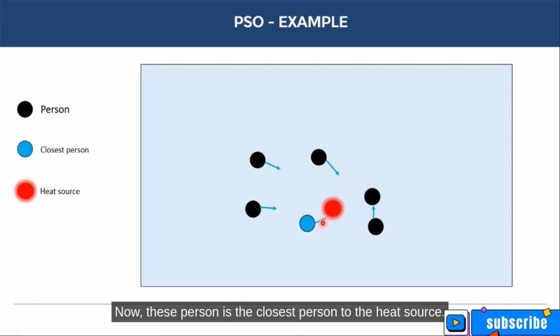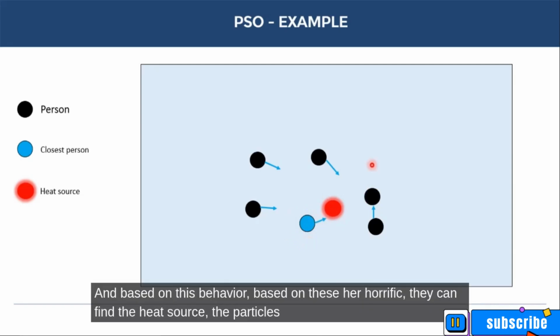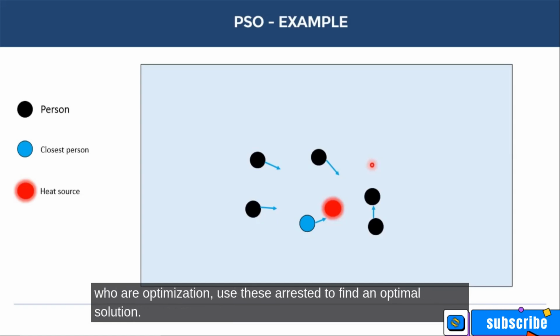Now this person is the closest person to the heat source, and based on this behavior, based on this heuristic, they can find the heat source. The particle swarm optimization used this heuristic to find an optimal solution.